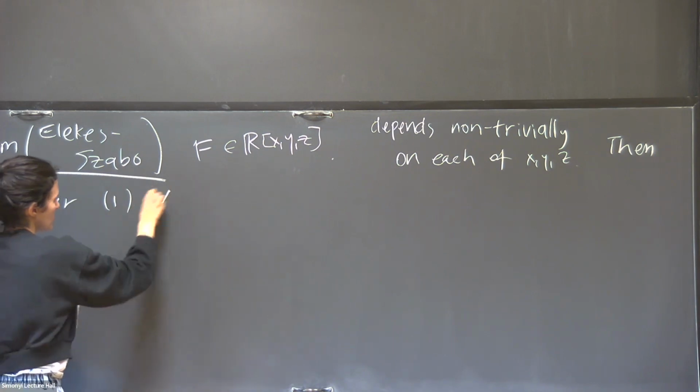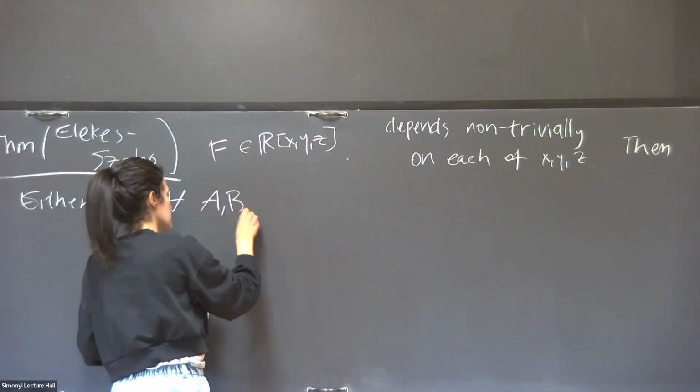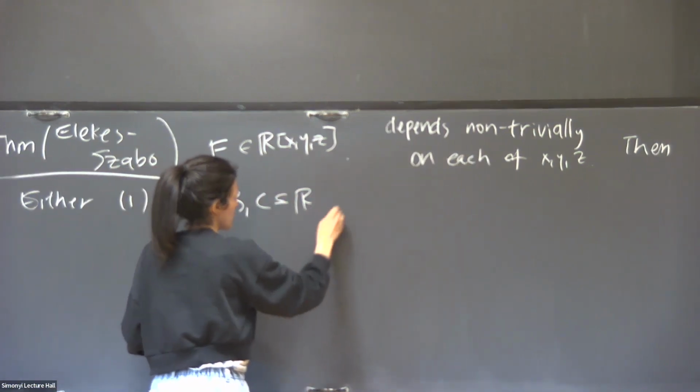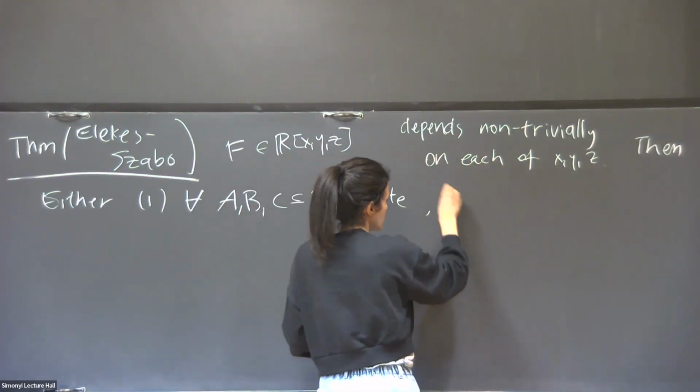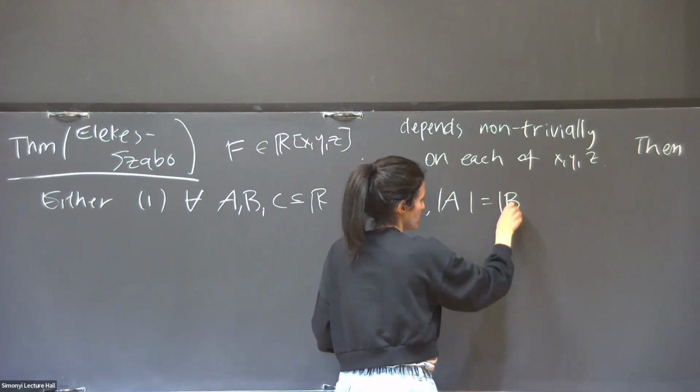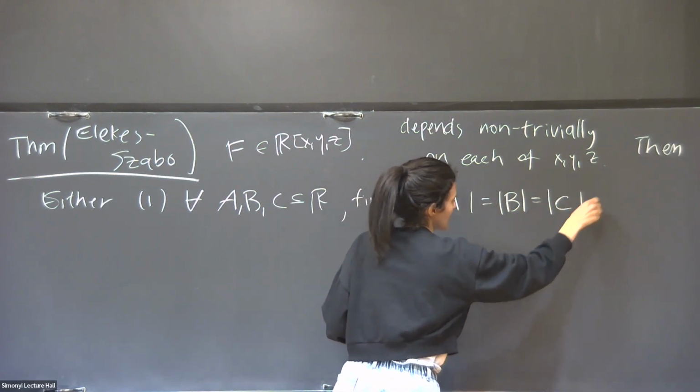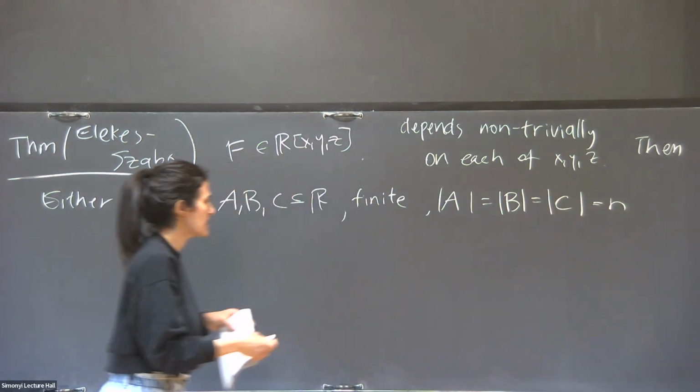one, or A, B, C subsets of R of finite size n. So they don't have to be all of the same cardinality. It just simplifies the statement a little bit.